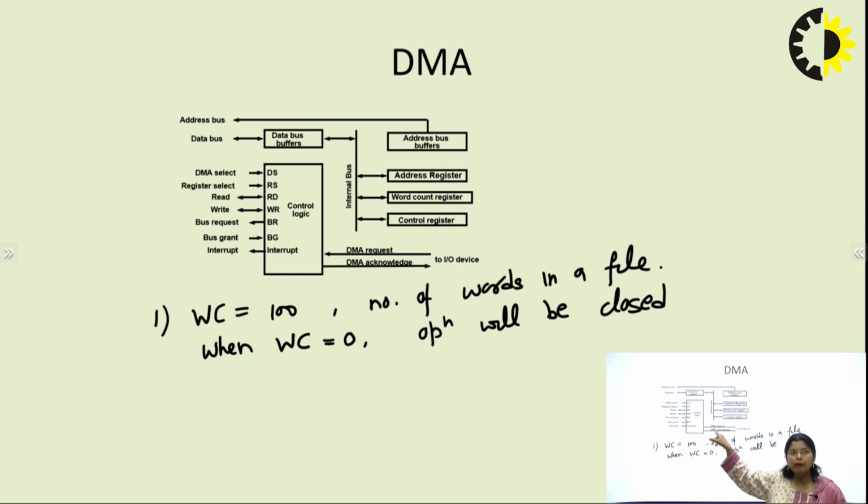Every time the DMA transmits data to the memory, the word count register is decremented, WC minus 1. When the word count register reaches 0, it means all the transmission from IO to DMA to memory has taken place. At that moment, the operation will be ended or closed.